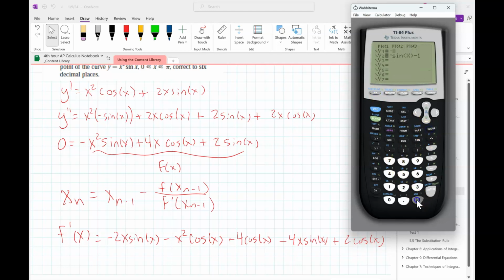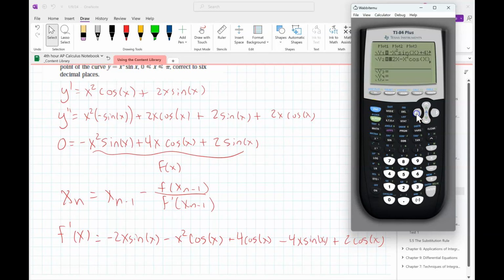So we'll have negative x squared sine x plus 4x cosine x plus 2 sine x, and then negative 2x minus x squared cosine x plus what?